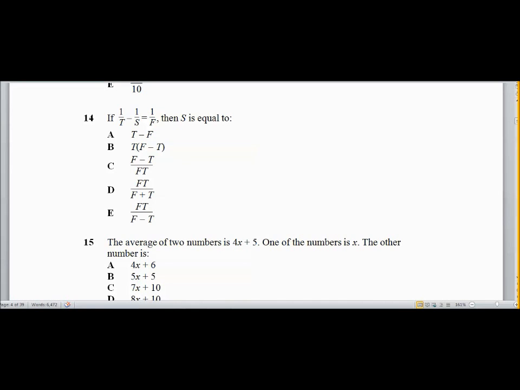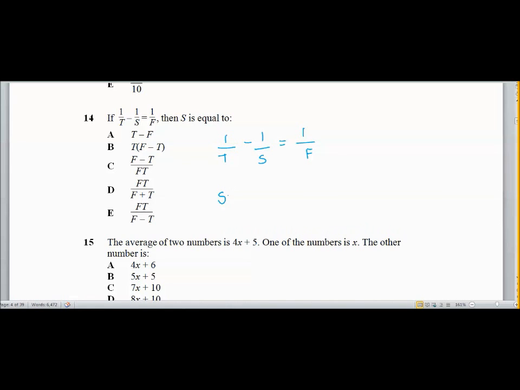Let me just get my pen out. Okay, let's do it in blue. First one, trying to find what S is equal to. So on the left-hand side, let's get to the same denominator.